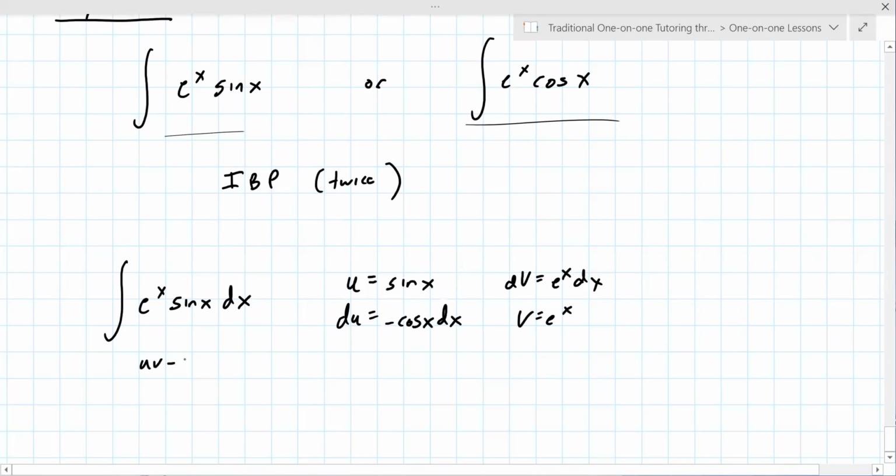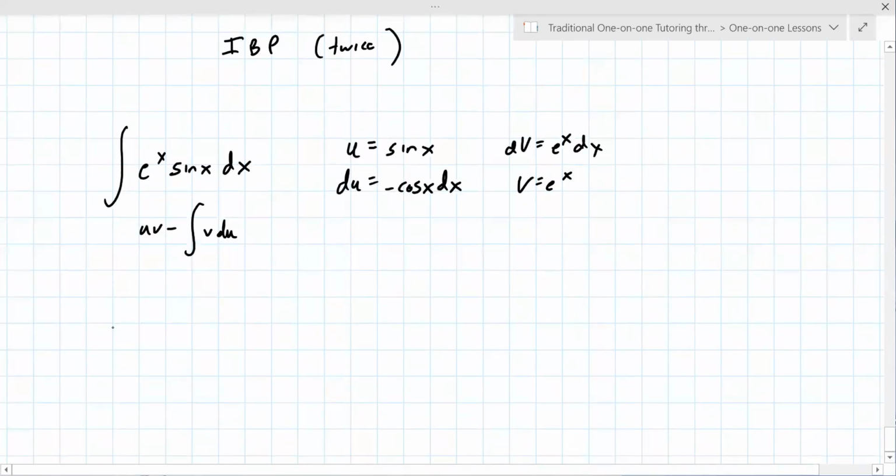Okay, so we got uv minus integral v du. This becomes e to the x sine x minus the integral of e to the x, and then du is this minus cosine x. I'll make that a plus cosine x dx. This is no better, so we have to do our integration by parts again.